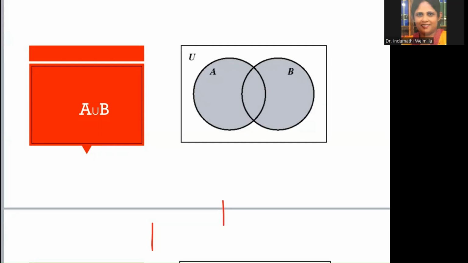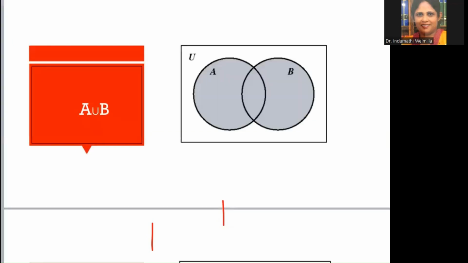In set theory, shall I explain this one? Now you can see here the union. The union of two sets we can represent with the Venn diagram this way. You can see the rectangle here, which we use to denote our universal set.